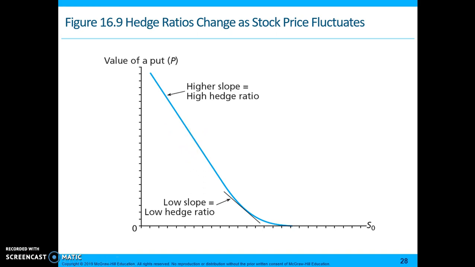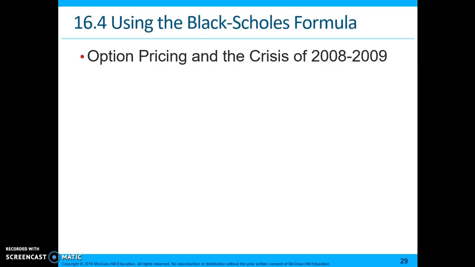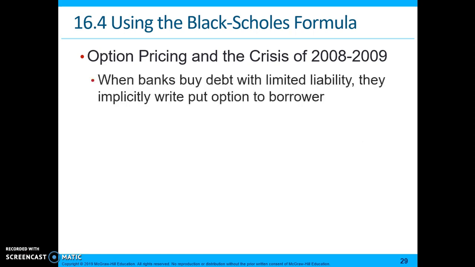So shift gears, and we'll look at Robert Merton's analysis of option pricing, using option prices to examine lender behavior in the financial crisis. When a bank buys debt with limited liability, the idea is that they implicitly write a put option to the borrower.